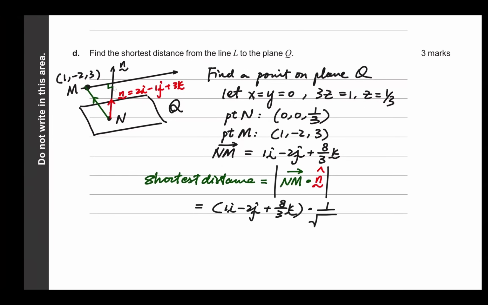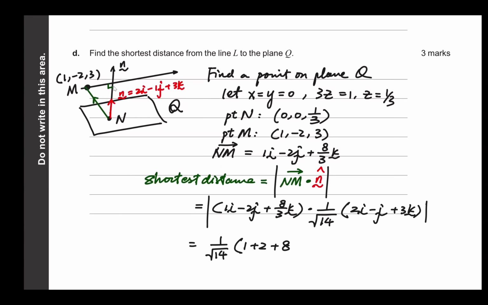Unit vector n hat. The magnitude is 2 squared, 4, 4 plus 1 is 5, 5 plus 9 is 14, okay? And then 2i minus j plus 3k. Take out a 1 over square root of 14. 1 times 2 is 1, minus 2 minus 1 plus 2, and plus 8, I suppose.